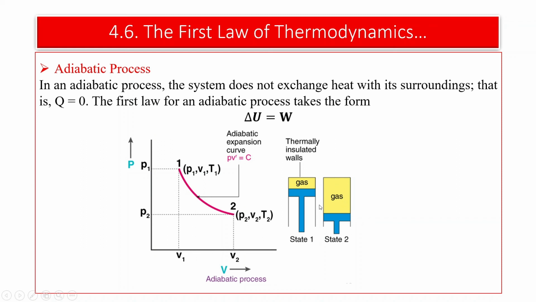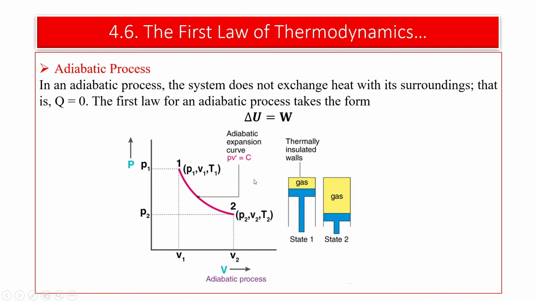As you can see in this diagram, in the beginning at state 2 we have this much pressure, so when you push this upward you get a small volume value. Due to this there is an increase in pressure. So in such a system with Q kept constant, there is no change in Q value, the work done will be used to change the internal energy of the system, and that is called an adiabatic process.